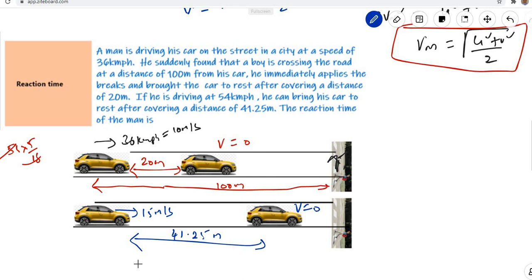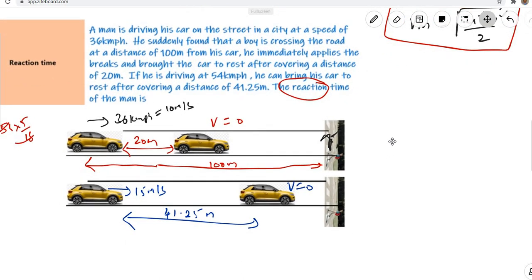Then what is his question? What is the reaction time? A very, very important word. What is meant by reaction time? Let us understand. Here you should know the meaning of this term, reaction time. Reaction time is nothing but the time taken by the driver to apply the brakes.